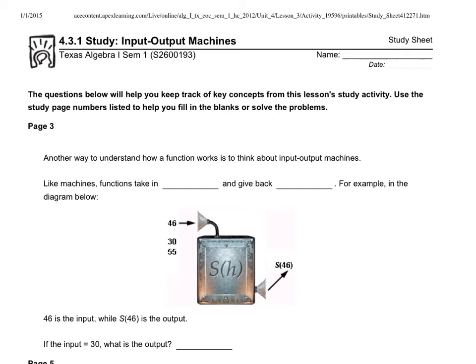So continuing with our idea of function notation, it's helpful to understand how a function works, and it helps to think of it like an input and output machine. Like machines, functions take in inputs and give back outputs.